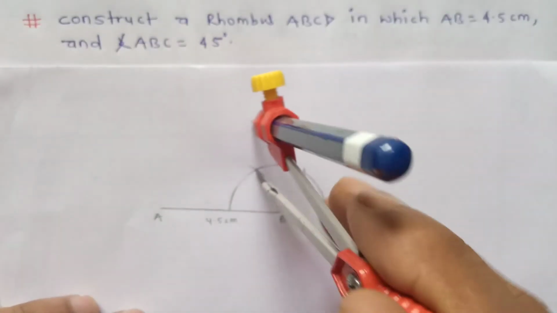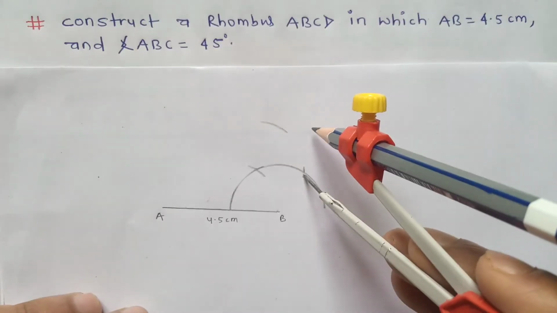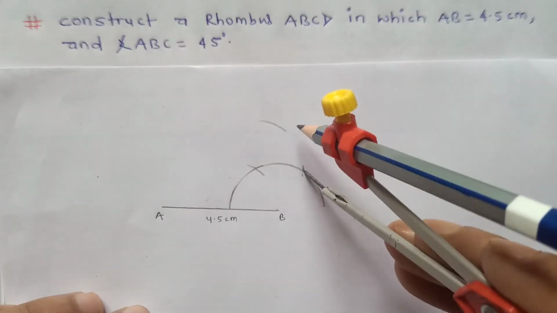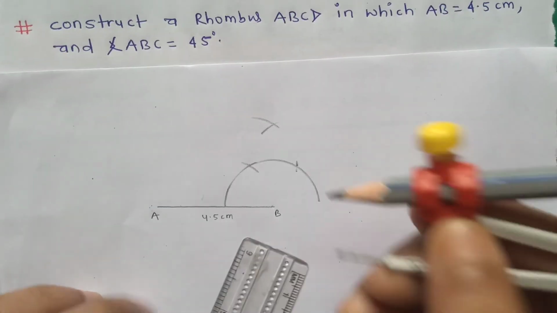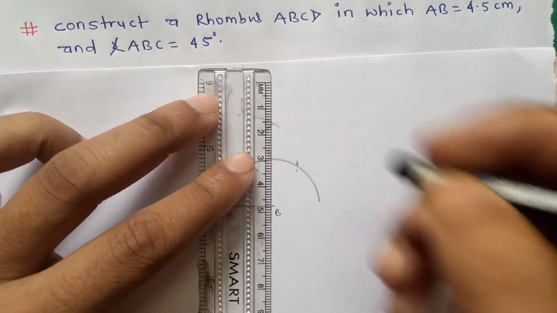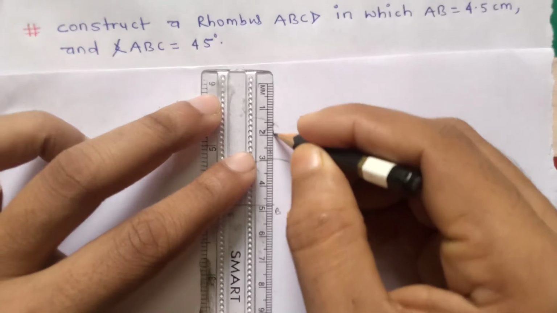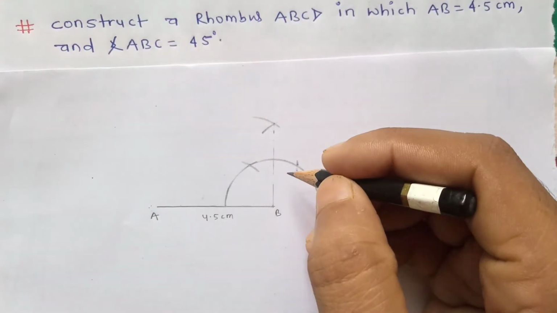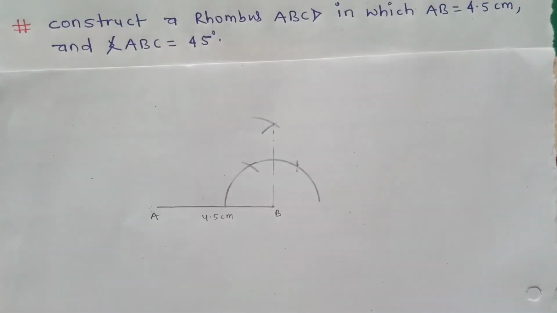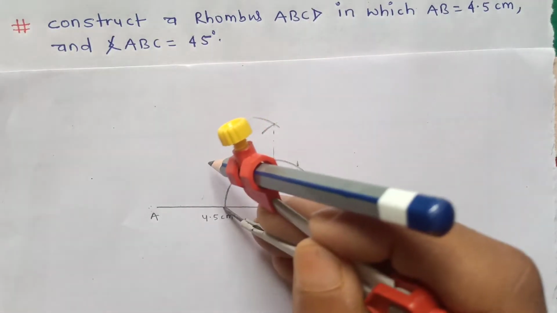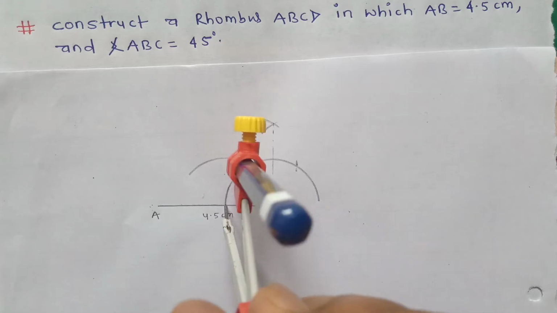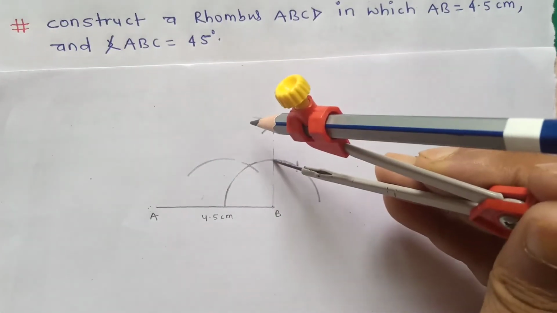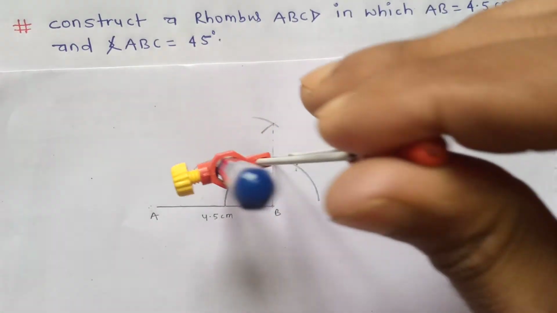And from this point we get 90 degree. So we join this with a dotted line. Because this is 90 degree, we need to draw 45 degree. So from 0 degree, without moving your compass, just draw from 0 degree, and from 90 degree it will be 45.